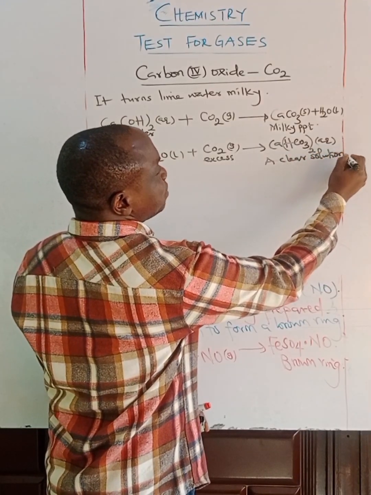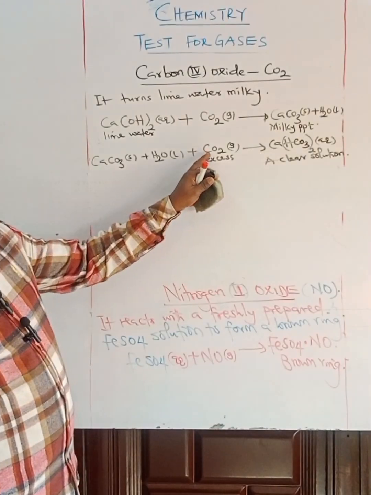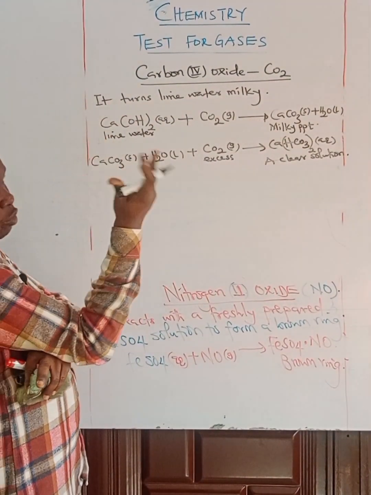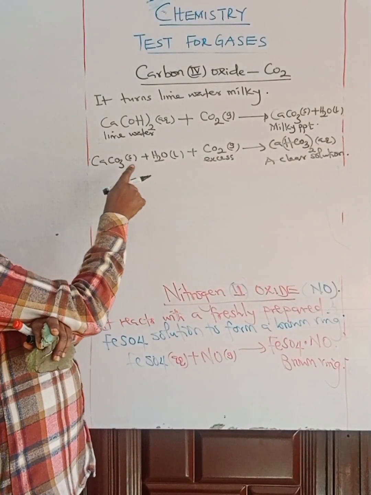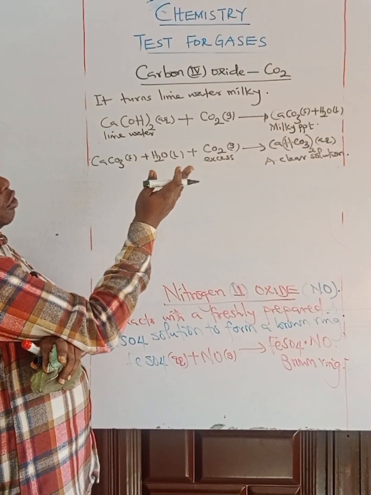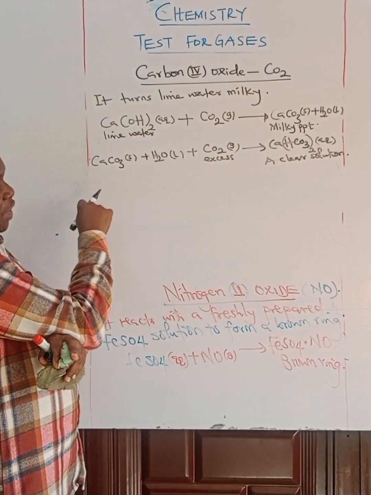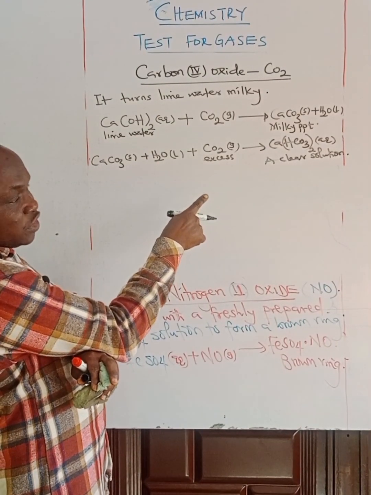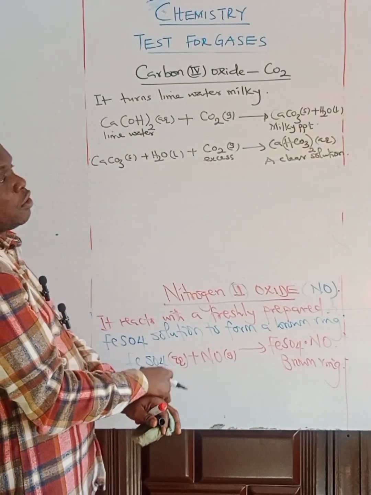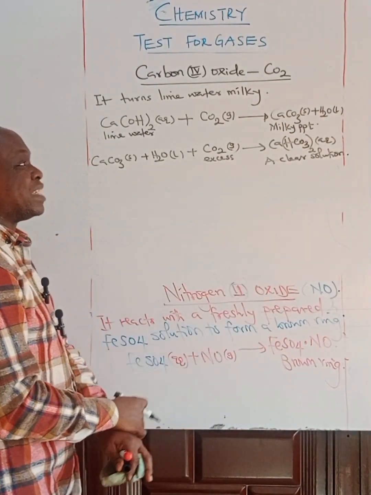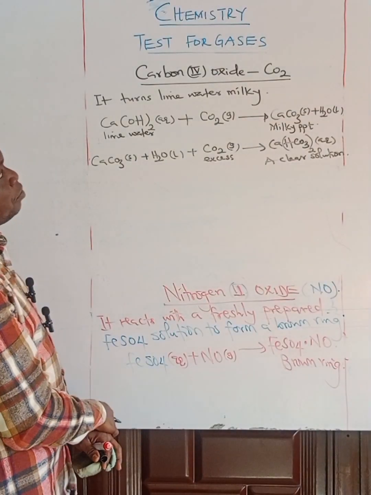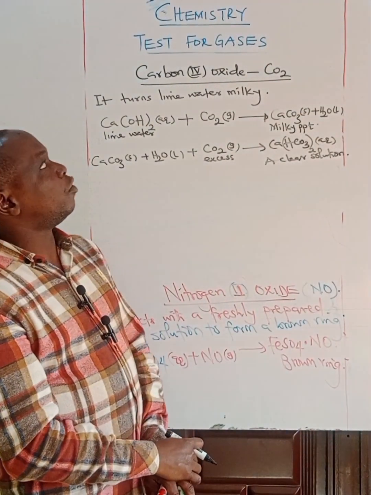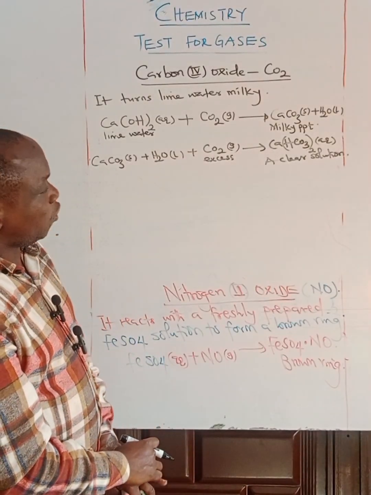So the precipitate just disappears in the presence of excess CO2. So this is what they ask in past questions: what happens if CO2 is piped for a long period of time through lime water? It forms a milky precipitate, but in excess CO2 it forms a clear solution, meaning the precipitate disappears. This is the chemical test for carbon(IV) oxide.